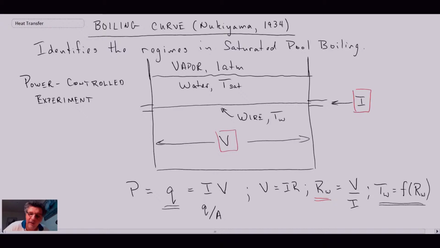So he was able to control the power going in, but not the temperature of the wire. We're going to take a look at the boiling curve that Nukiyama was able to get by conducting this experiment, and it will give us a lot of information about saturated pool boiling.